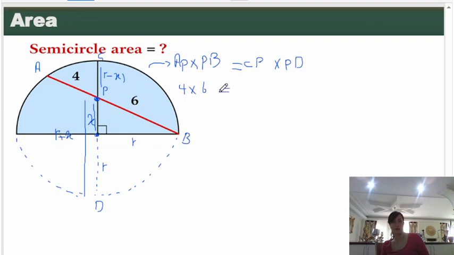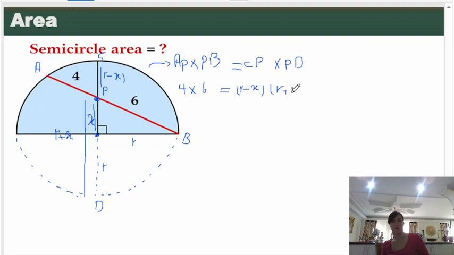And for the right side, I substitute this expression: CP equals R minus X and PD equals R plus X.